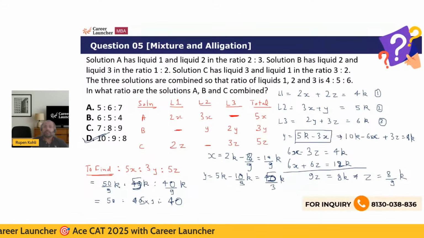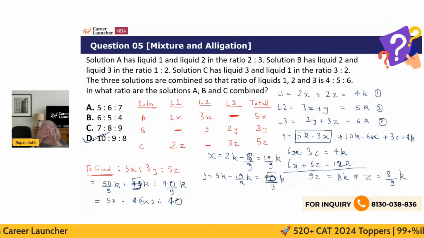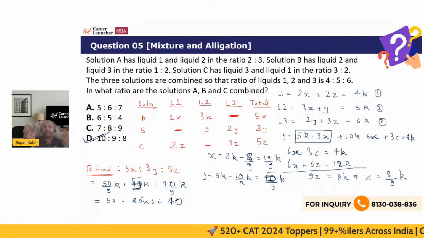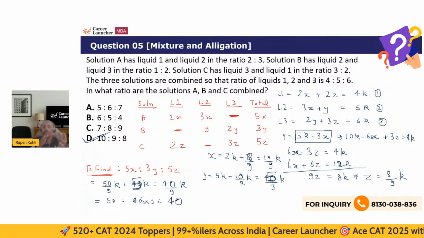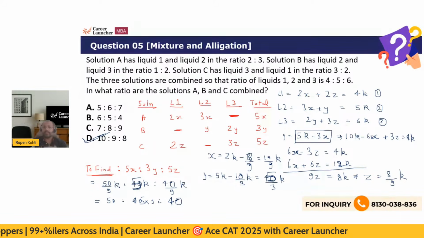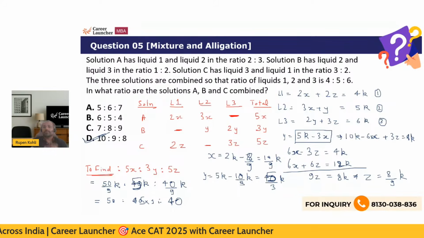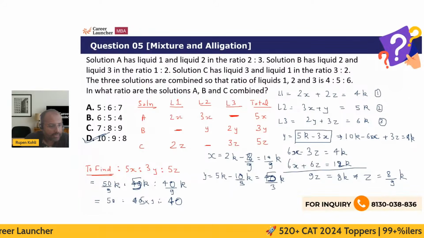We cannot use it when there are three things involved. So the three solutions had two liquids in them, and each solution had a different pair of liquids, because overall we had three liquids. So we had to take three variables, create the equations in this way, and then solve for the required ratio, right? So that's a very different question.